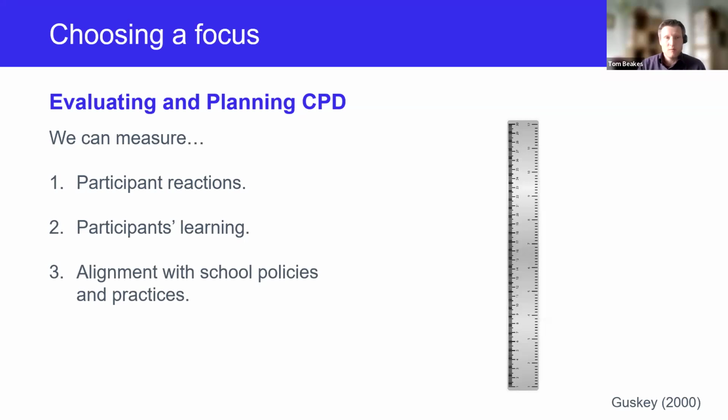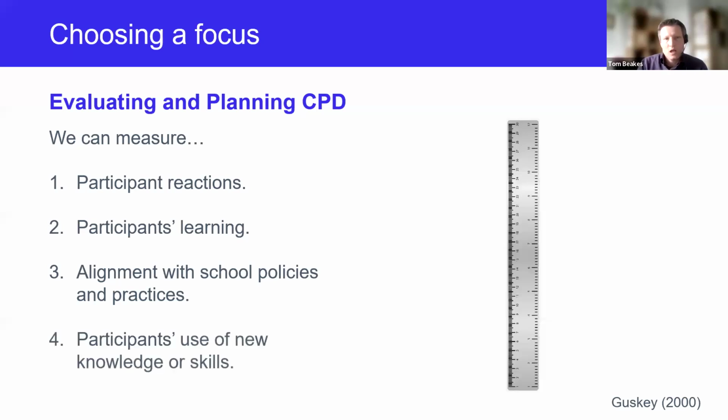Third, we may want to measure to what extent there's alignment between the CPD activity we're doing and the school's policies and practices. Maybe that's something more of a strategic leadership perspective on things. But if there is a CPD plan in your school, or a particular set of goals for the year, how well does that align with those?